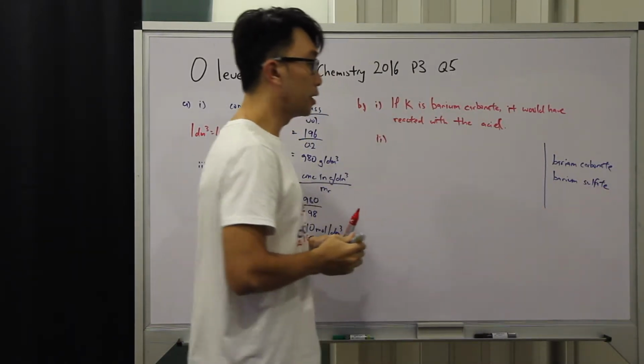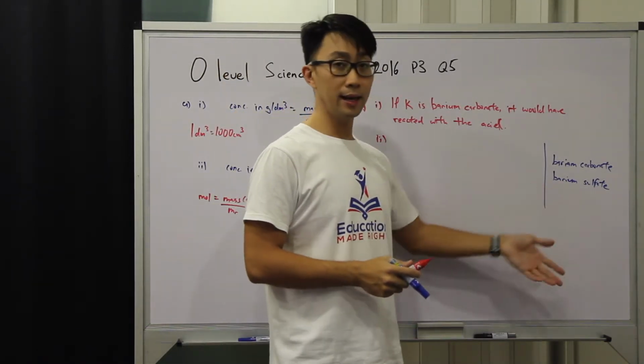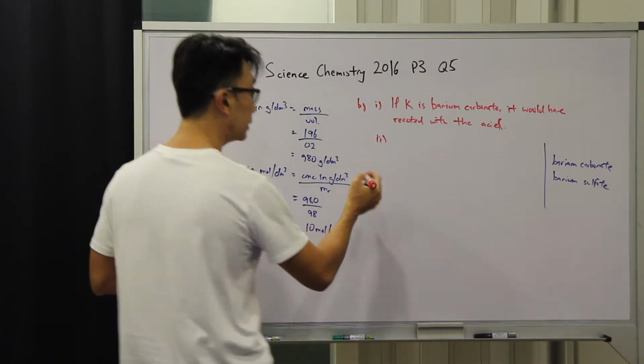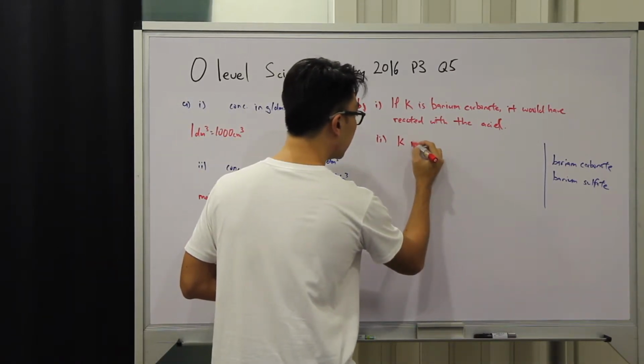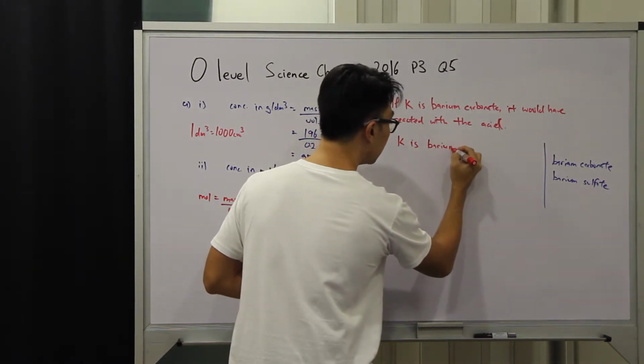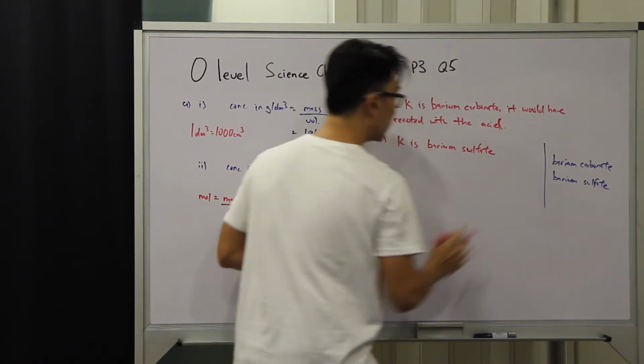Recall that all sulfates are insoluble except for barium, lead, and calcium. So K must be barium sulfate.